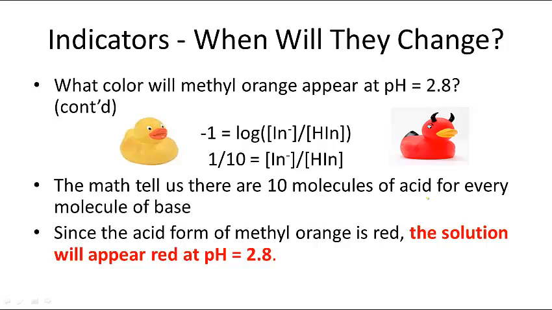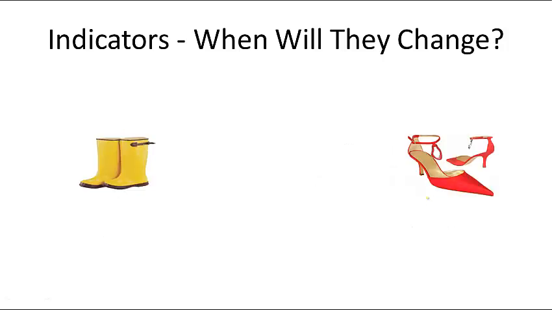If I bump the pH of the solution up to 3.8, so the pH equals the pKa, what do we know when pH equals pKa? Concentrations of acid and conjugate base are equal.